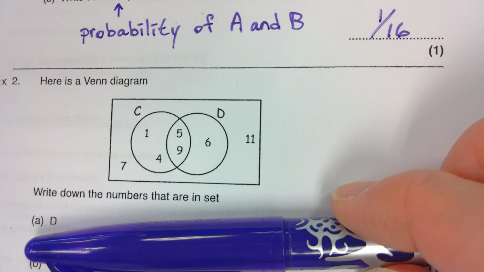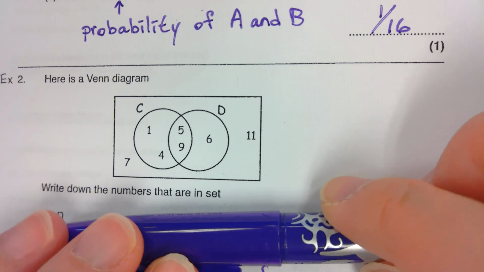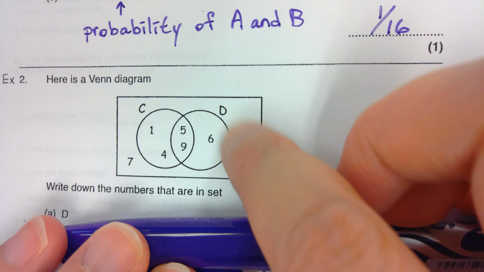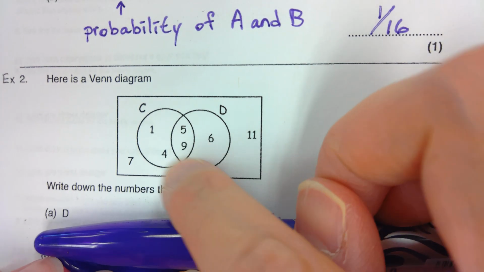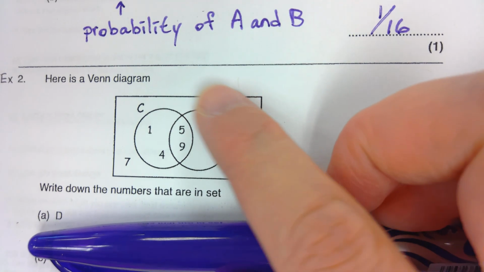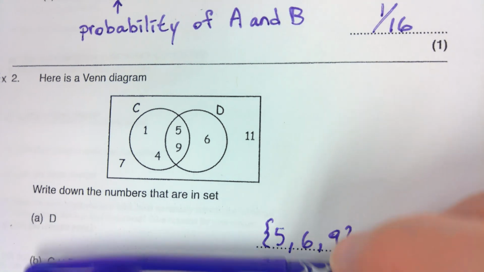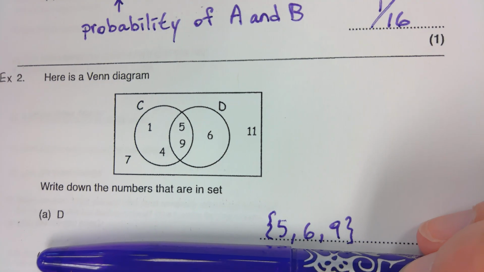Catherine, what do you think? Can you list the numbers in set D? Okay, so in the circle D, it will be everything in the circle. So Kaden, everything in the circle would be 5, 6, and 9. Not just 6, but 5, 6, and 9.